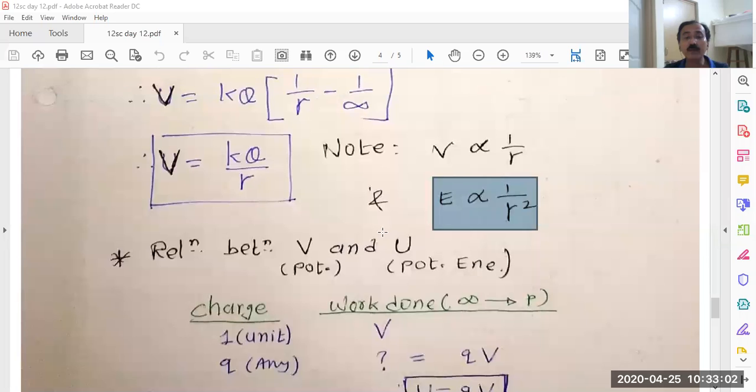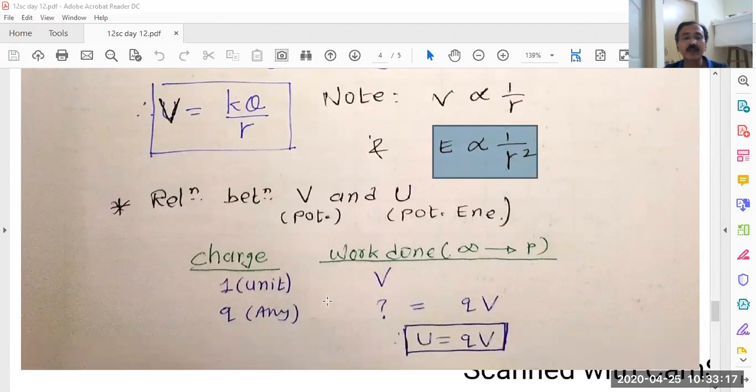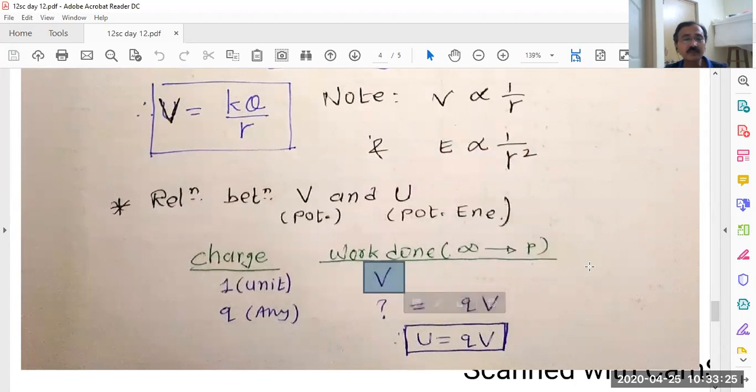Now what is the relation between V and U? That should summarize everything. V stands for potential and U for potential energy. So I'm writing two columns: one for charge, another for work done. If I bring you 1 coulomb charge from infinity to P, work done is called V, according to the definition.